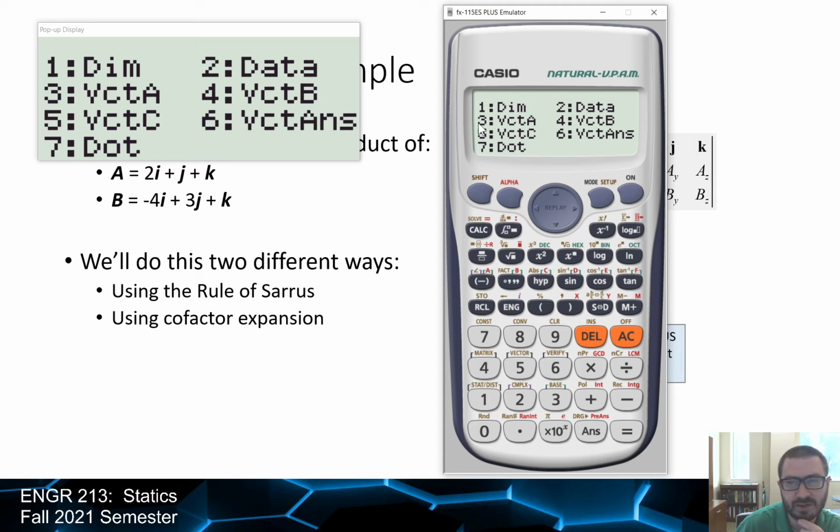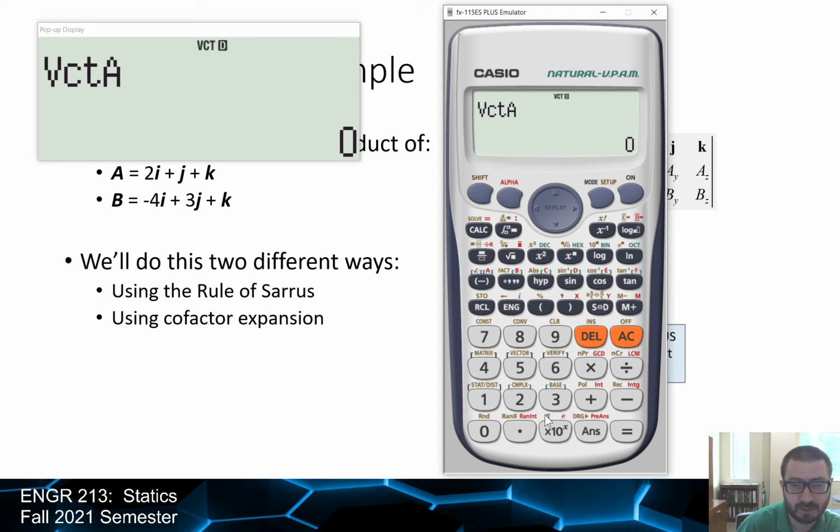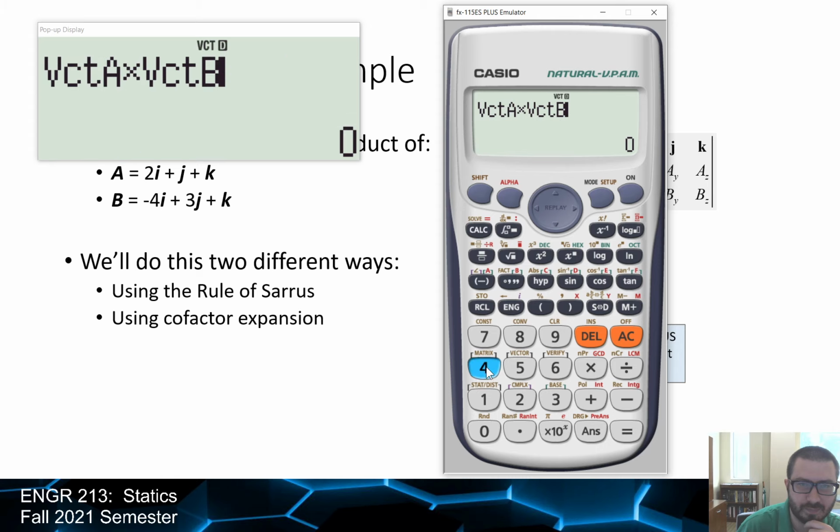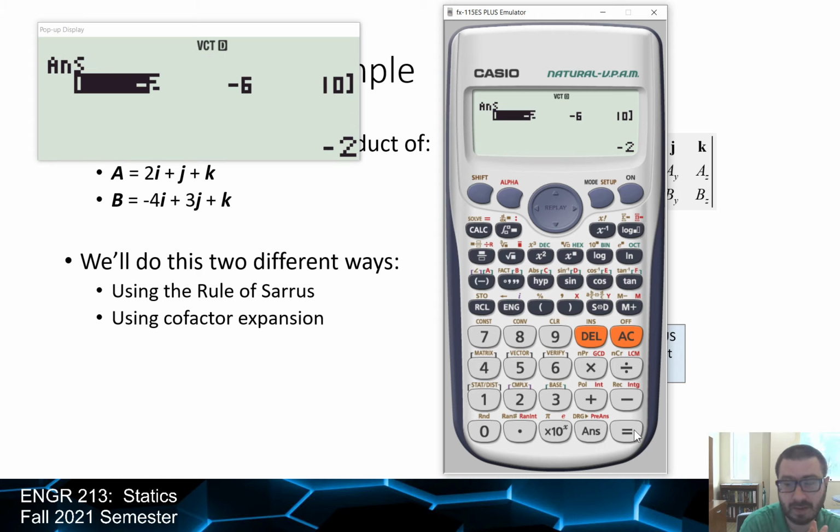Before I pull this up, notice how option 7 is the dot product, and there isn't an example for the cross product. So what you do is choose number 3 for vector A, and you just do the times button for cross product. The default multiplication is the cross product. You have to tell it to do the dot product. Shift vector A times vector B is the cross product, and there you go.